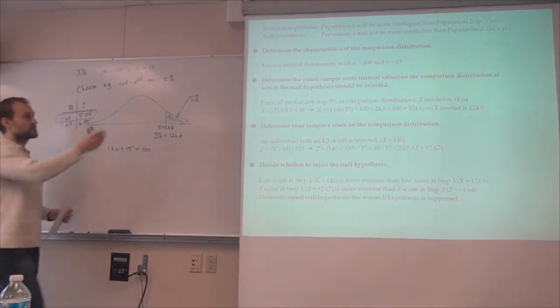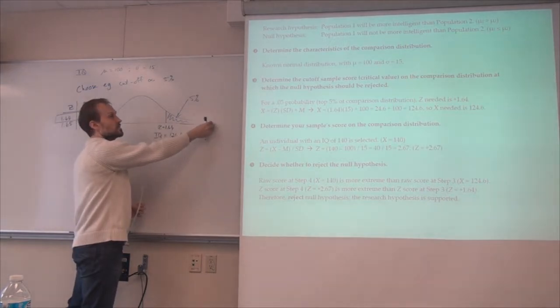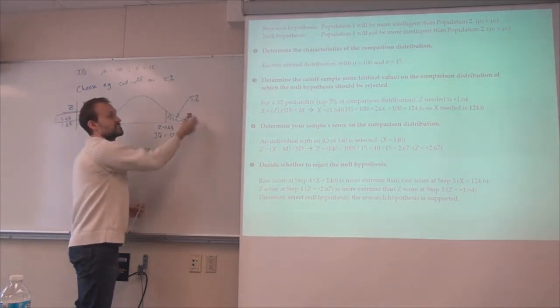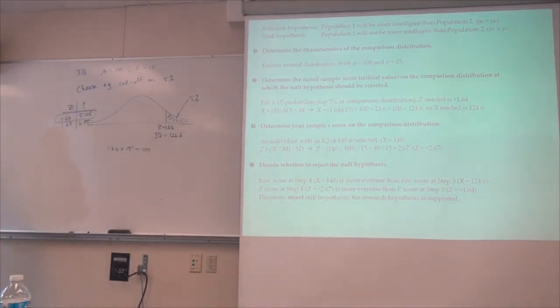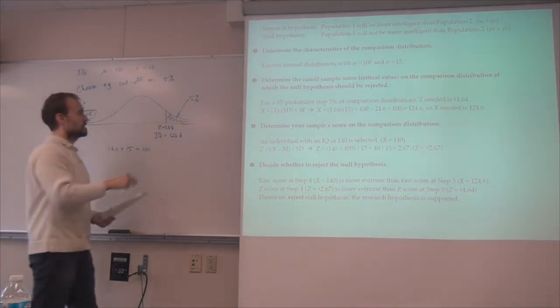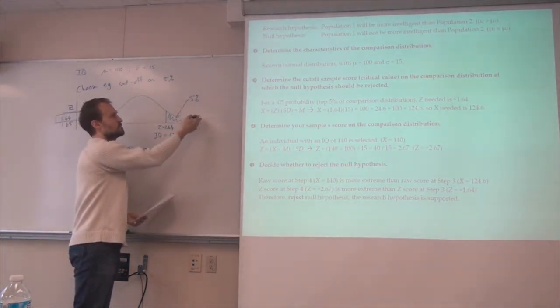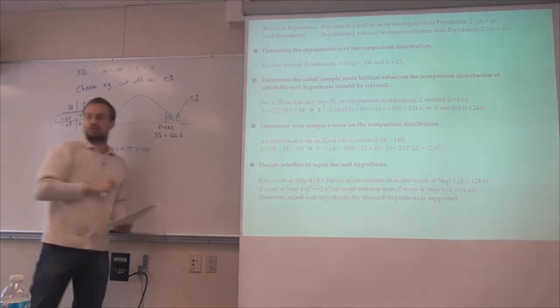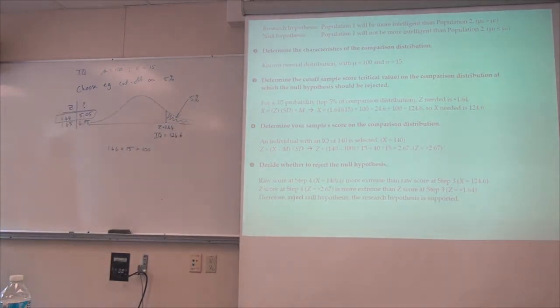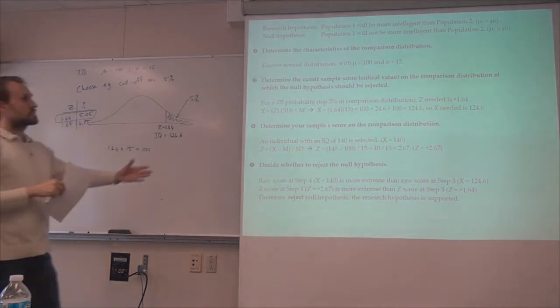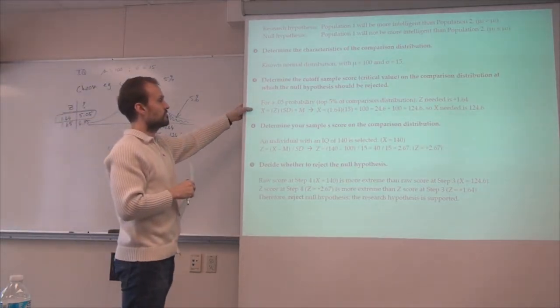And of course, the smaller you make this, the less chance she has of actually giving you enough evidence. But you want to not be too extreme either. Okay, so we get our cutoff.